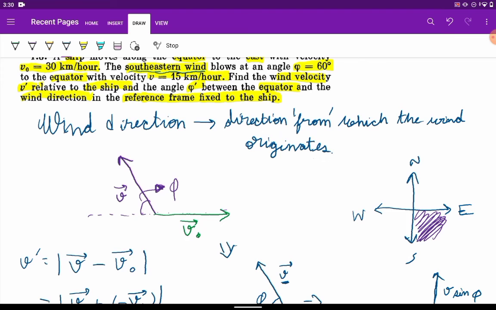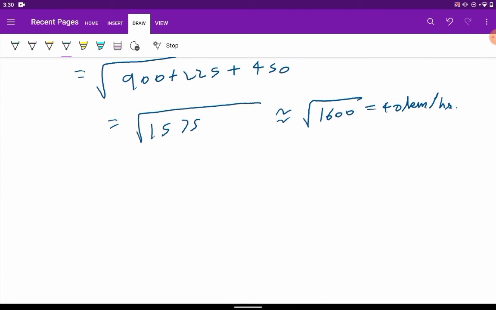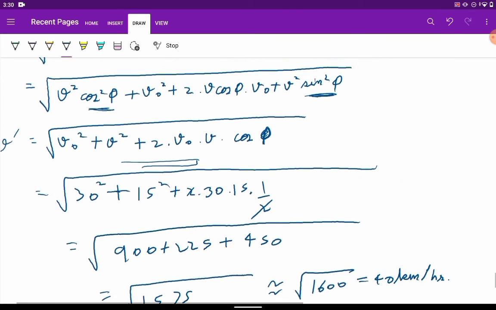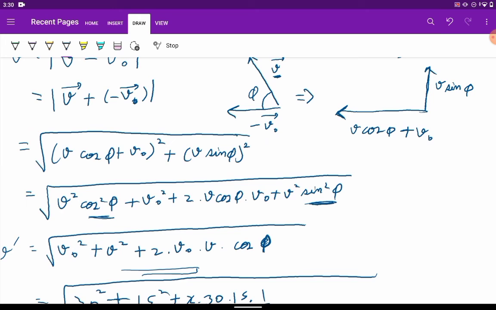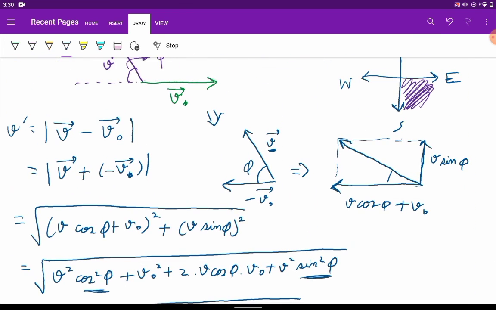Alright, and also the angle phi dash is very easily found. With respect to the ship, what is the direction of the velocity of the wind? That will be the direction of the resultant, so it will be this direction. They are asking with respect to the equator, so this is your phi dash.